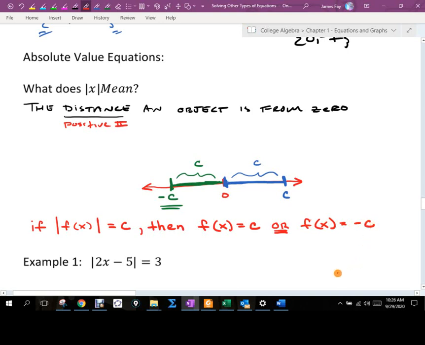Now when I say or, that's not an optional thing. You have to do both. It's just saying that your solutions, one of them is to the right of 0, or the other one is to the left of 0. Does that make sense?